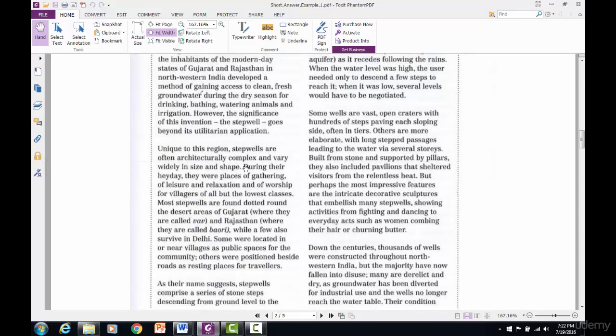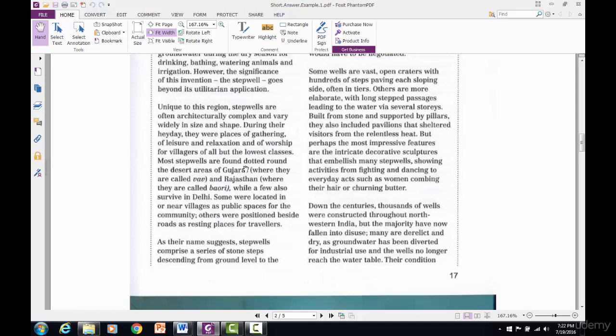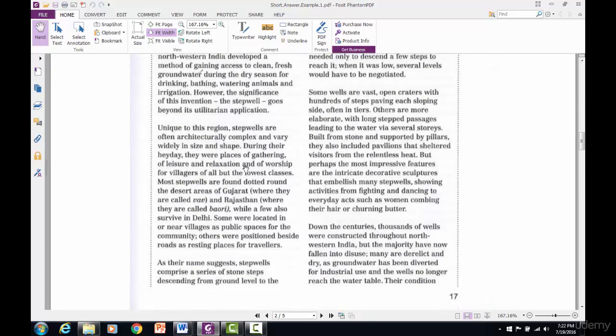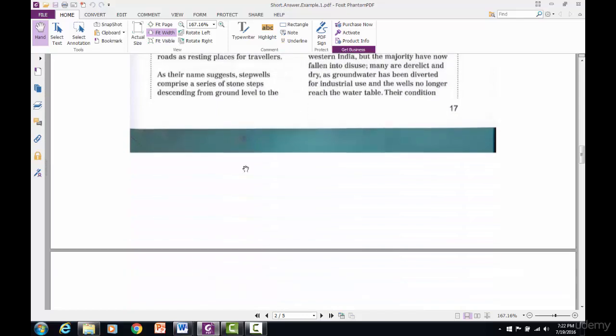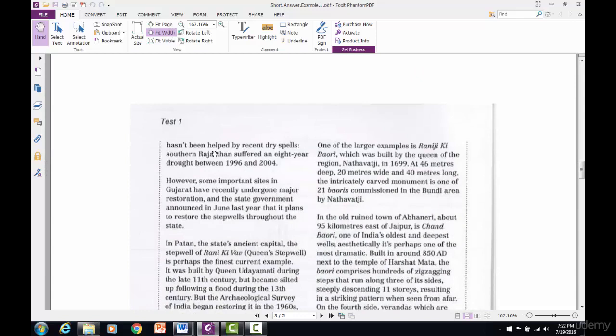There's Rajasthan again, but in this sentence, that's not what we're looking for, guys. Keep in mind, we're looking for Southern Rajasthan. That's really important to be aware of. I almost forgot when I was looking. Should be better than that. Here we go, Southern Rajasthan, and we're looking for a climatic event.